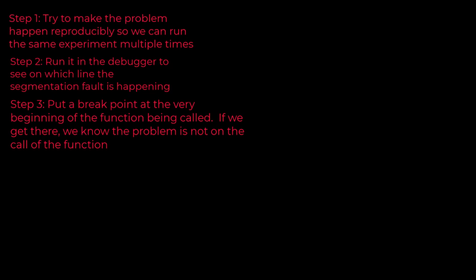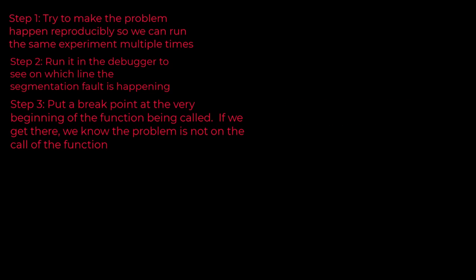If that line is a call on a function, then the seg fault is either happening on the way into the function or on the way out of the function. So put a breakpoint at the top of the function and see if you get into it okay. In this case, we did get into it okay.